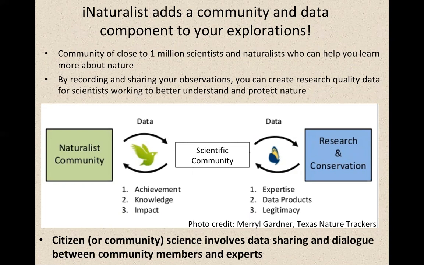So this whole field is really exploding and totally a game changer for how we're learning about species distributions and biodiversity, and really factoring into not only management decisions, but policy decisions. You as a citizen and or just as a community member can really contribute valuable data. So that term citizen or community science really involves data sharing and dialogue between community members and experts. It's a two-way street.